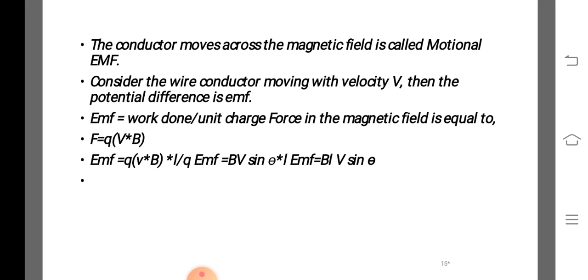The negative sign in the transformer equation shows that the induced voltage acts in such a way as to oppose the flux producing it. The induced magnetic field produced by the induced current will oppose the original magnetic field also.